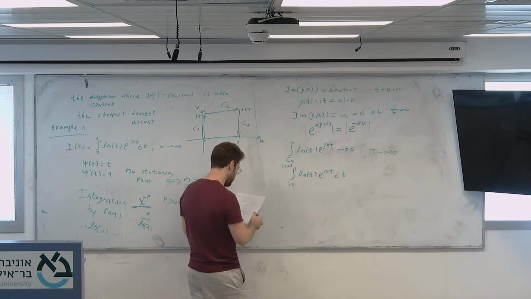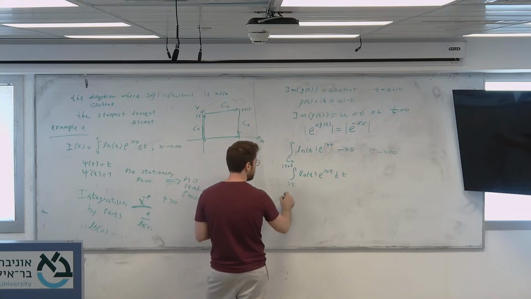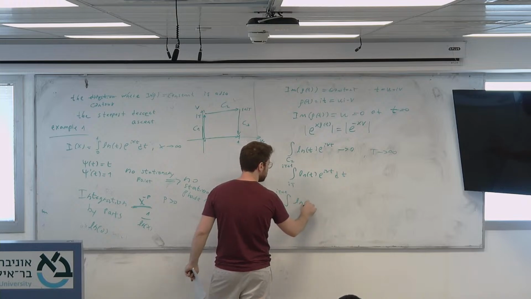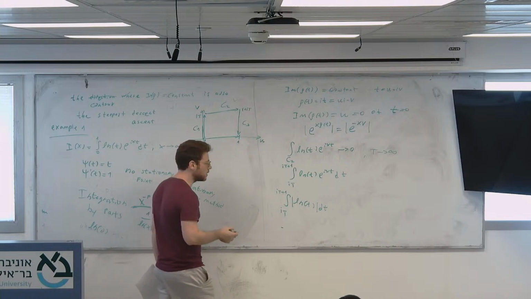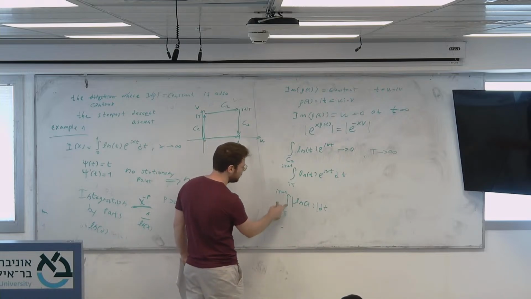So according to our lemma, what we want to show is that if this is finite, then it goes to 0. And obviously it is, okay? Because of a 1.